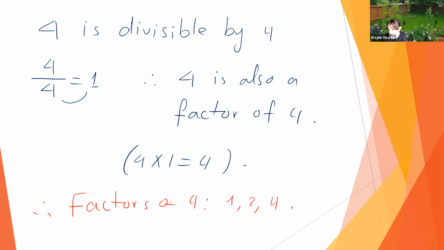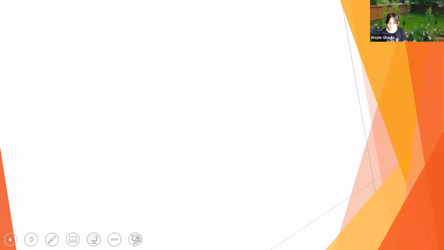Because 4 is divisible by 1, 4 is divisible by 2, and 4 is divisible by 4. We write it like that: 4 is divisible by 1 because 4 divided by 1 equals 4; 4 is divisible by 2, 4 divided by 2 equals 2; 4 is divisible by 4 as well, equals 1. Or we say 1, 2, and 4 are divisors of 4.